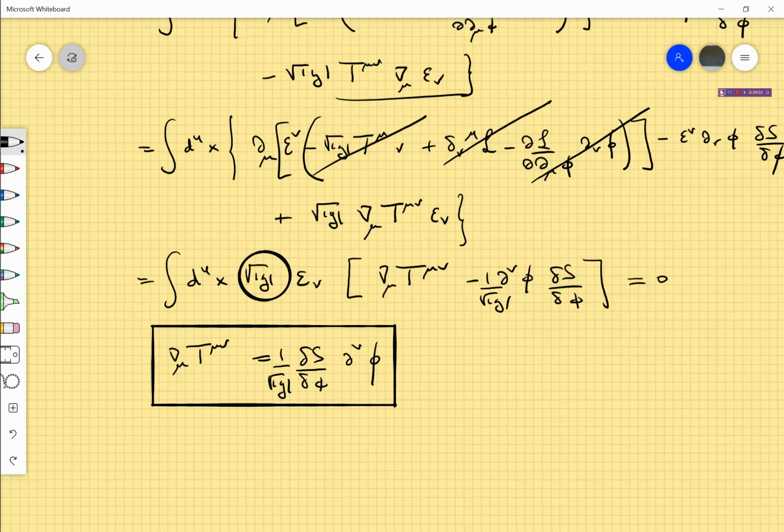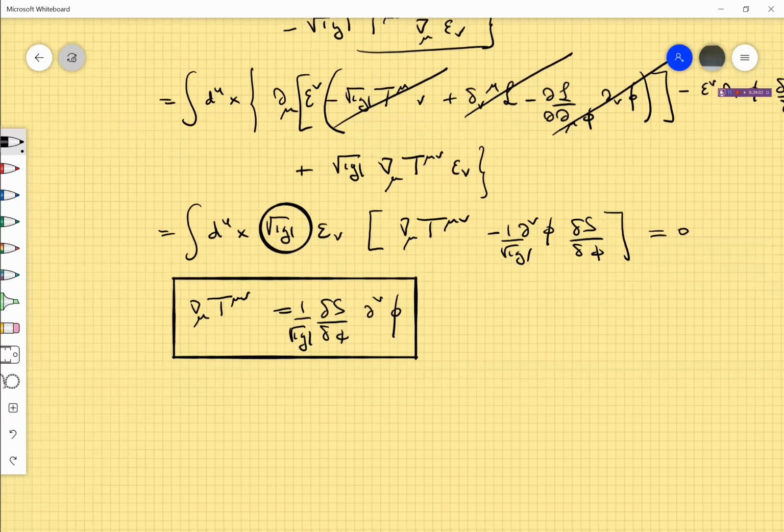And you will prove something like this if you consider a theory with more fields. You will have a linear combination of the equations of motion of the different fields times derivatives of those fields. So it's always the same. It's completely general, and the consequence is that if you are on shell, if the equations of motion of the fields are satisfied, this vanishes as you expect.